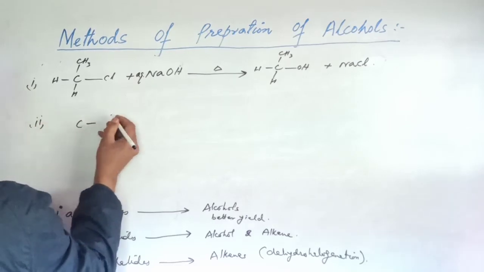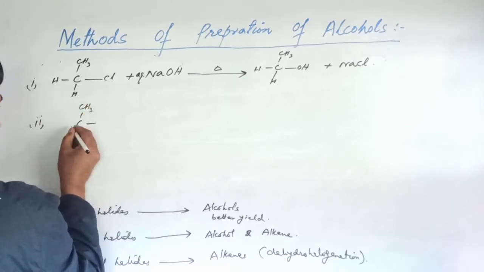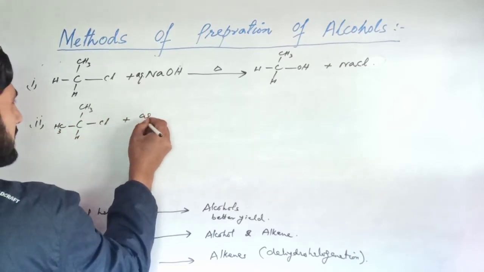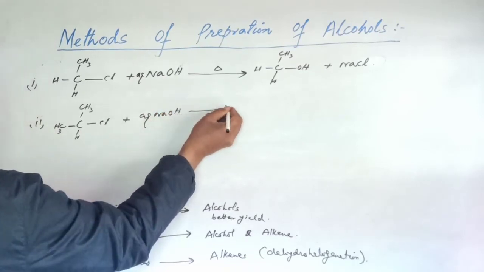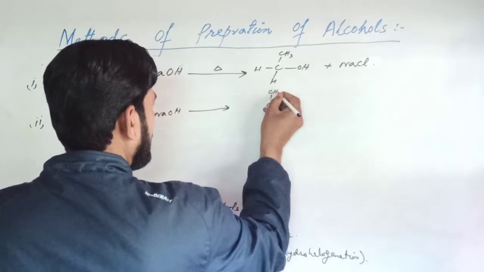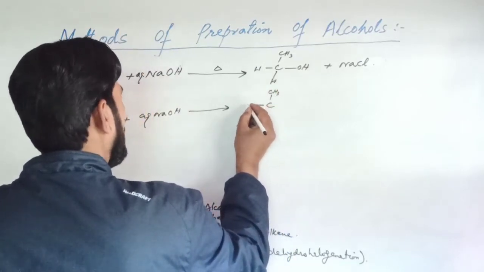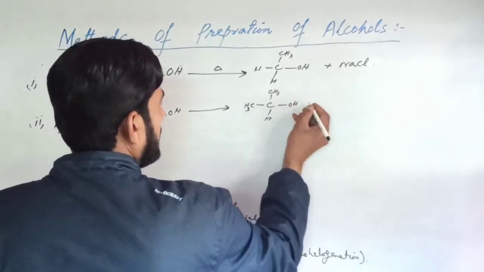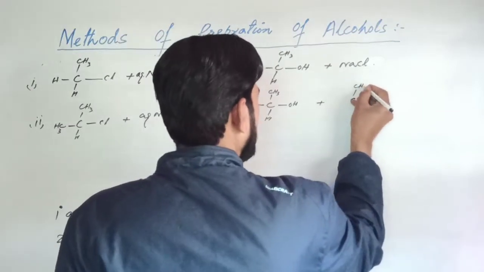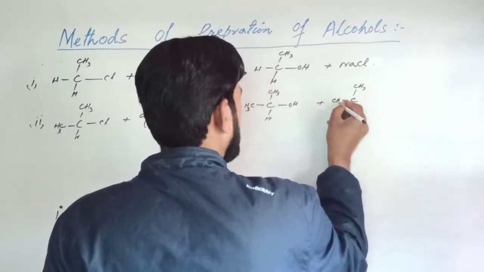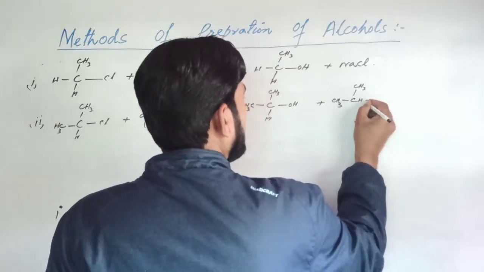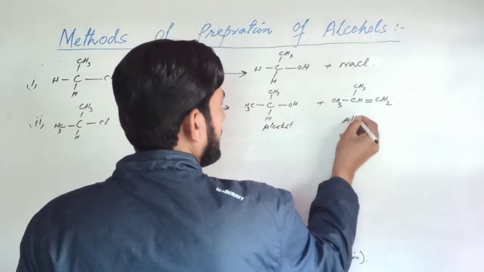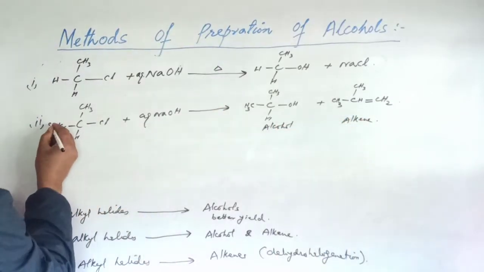If secondary alkyl halides are used, they give a mixture of alcohol and alkene.